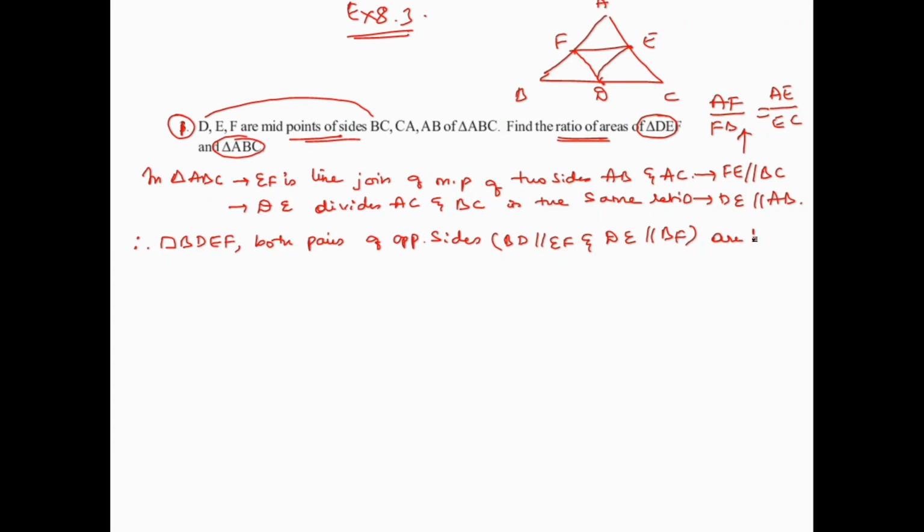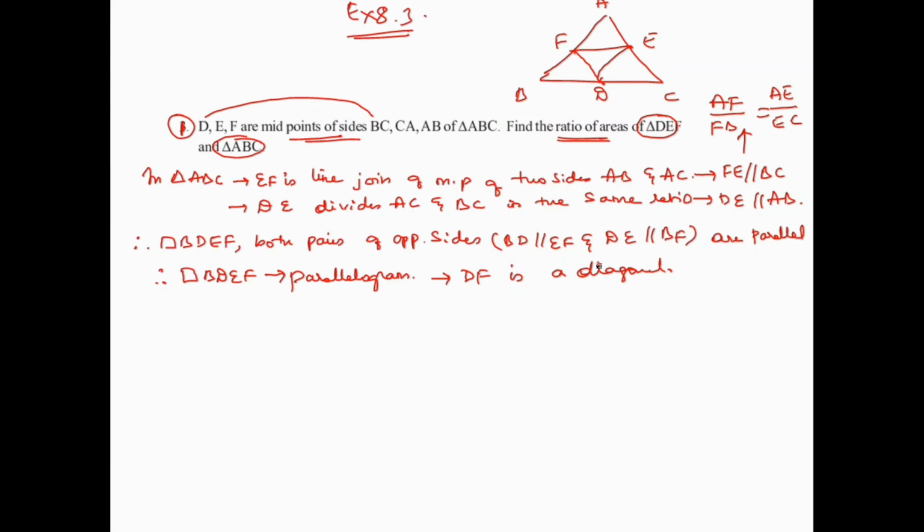These both are parallel, isn't it? Yes. So as they are parallel, I can say that the quadrilateral BDEF is a parallelogram, right? If it is a parallelogram, then DF is a diagonal.